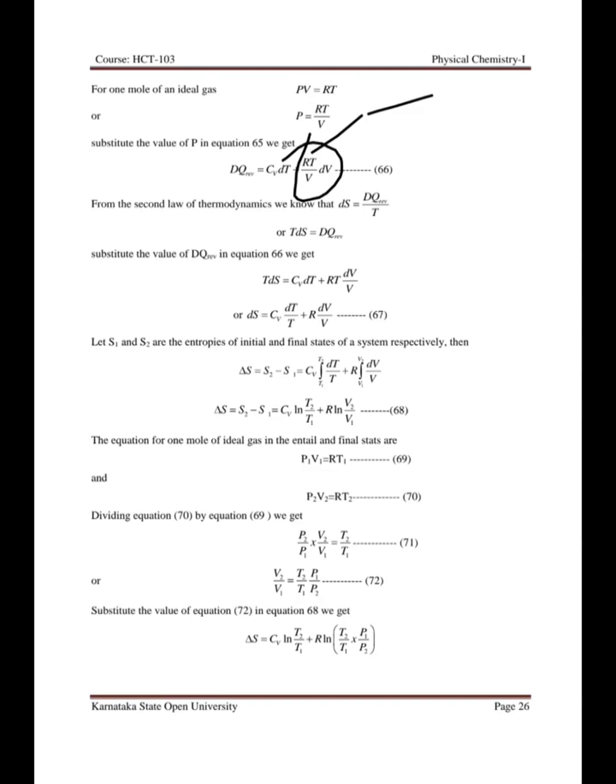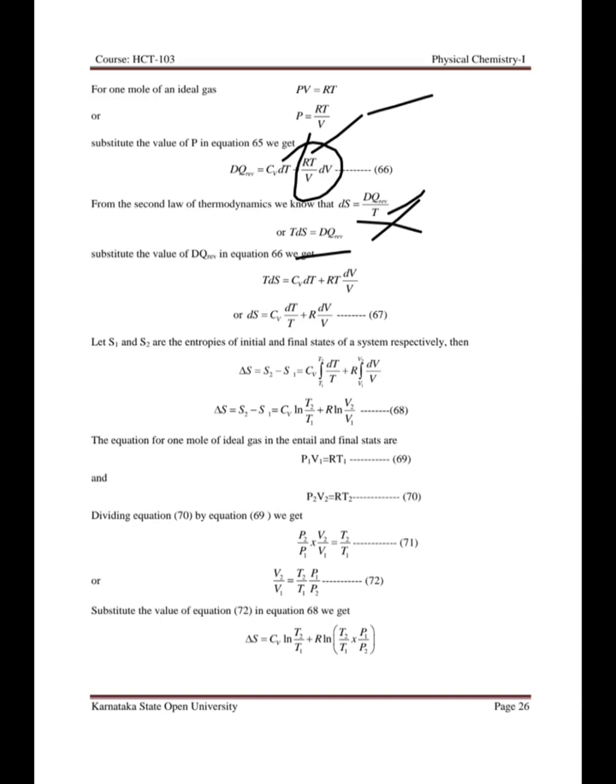From the second law of thermodynamics, we know dS equals dq reversible by T. If it is not given in this form, you can keep the temperature on the left-hand side and dS will be in the denominator. So here we need dS equal to dq reversible by temperature, or it can also be written as T delta S equal to delta Q reversible.